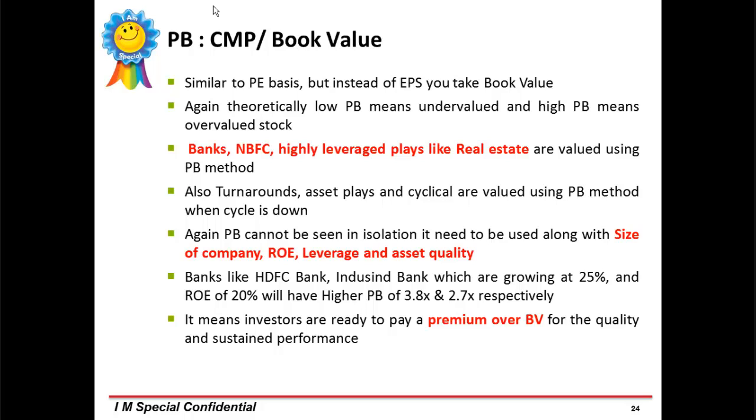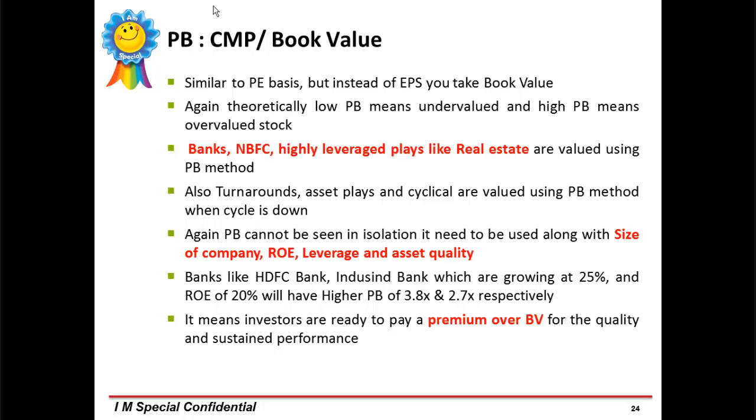In the market, most banks, non-banking finance companies, highly leveraged plays like real estate, and also insurance companies are valued using the price to book method. Also, asset plays, turnarounds, and cyclicals are valued using price to book. This is because all these turnarounds and asset plays won't have earnings to support the stock.